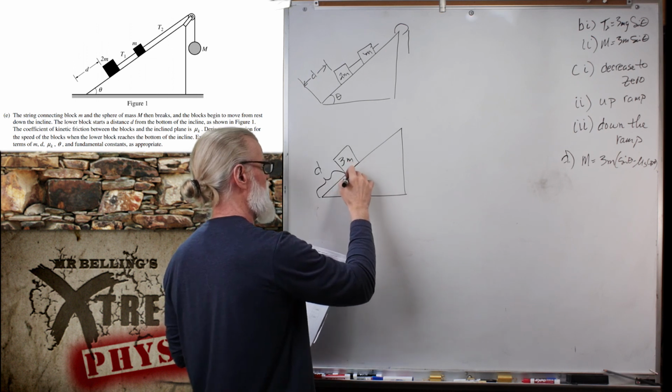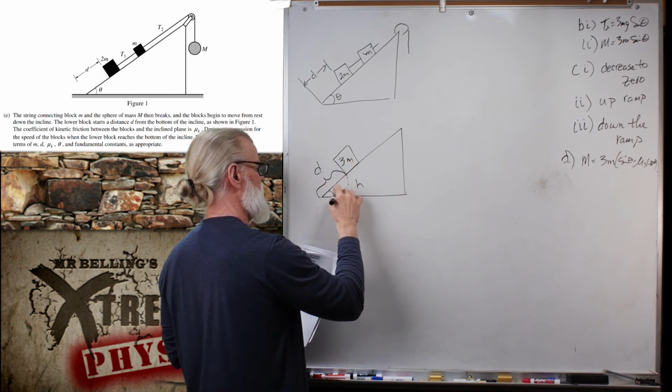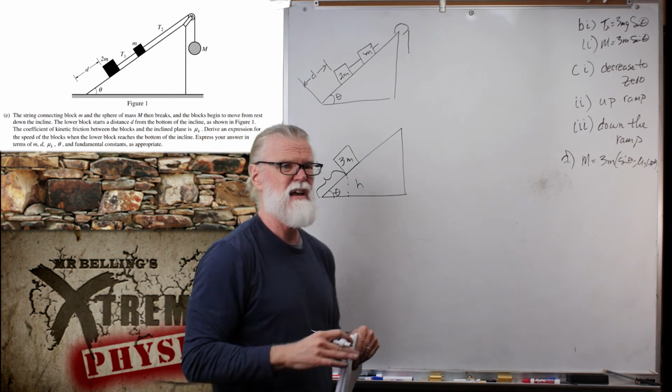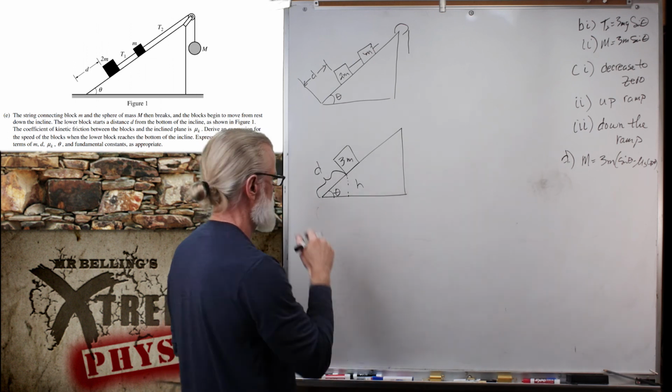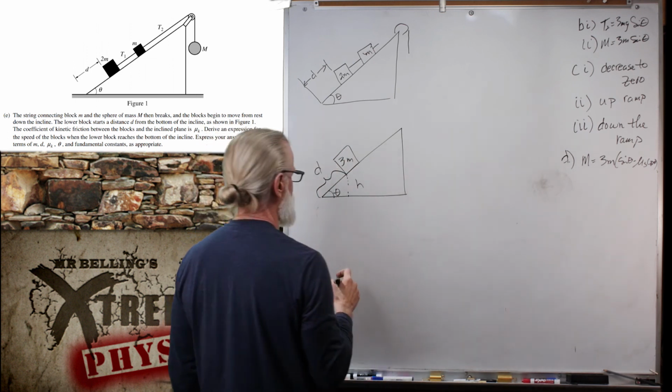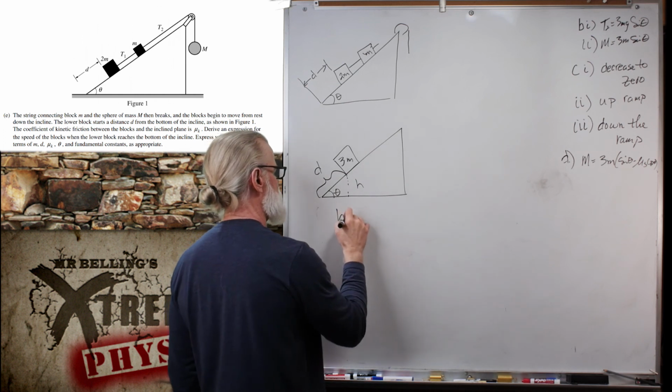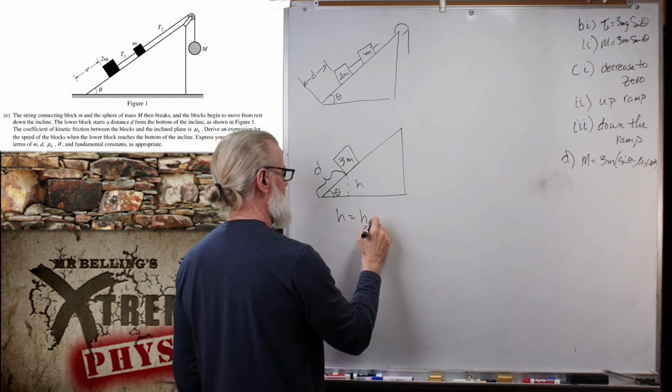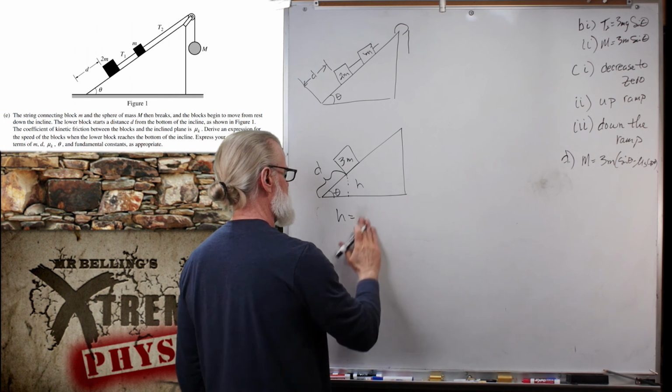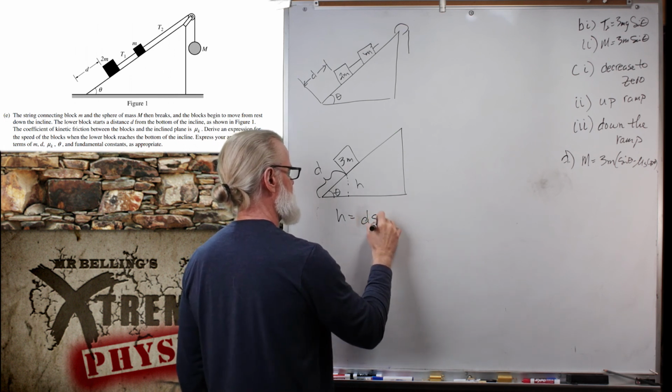But we really want to know what h is. We want to know how far it fell, because we want to know about its loss of gravitational potential energy. That's not too hard to figure out, because h is just d sine of theta.